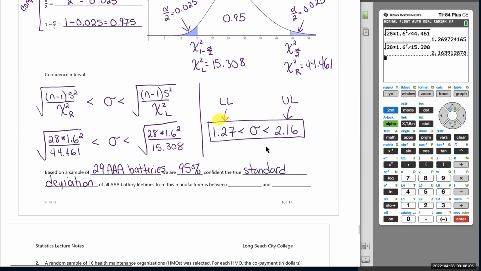We're estimating the variation. So the standard deviation of all AAA batteries' lifetimes from the manufacturer, we believe, is between 1.27 and 2.16 hours.